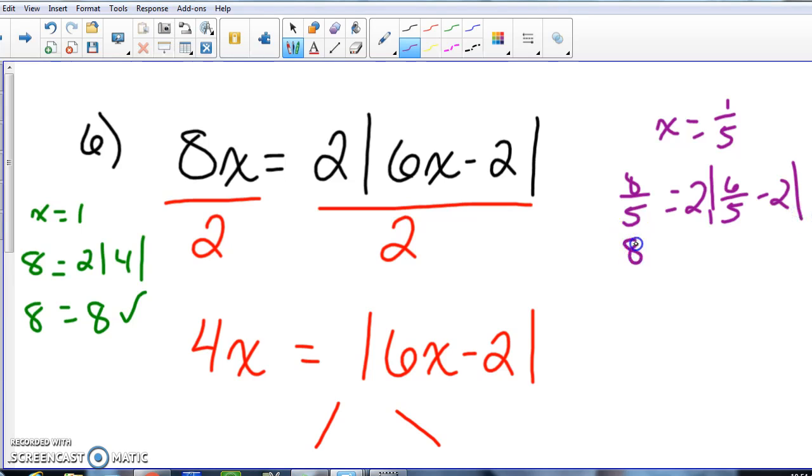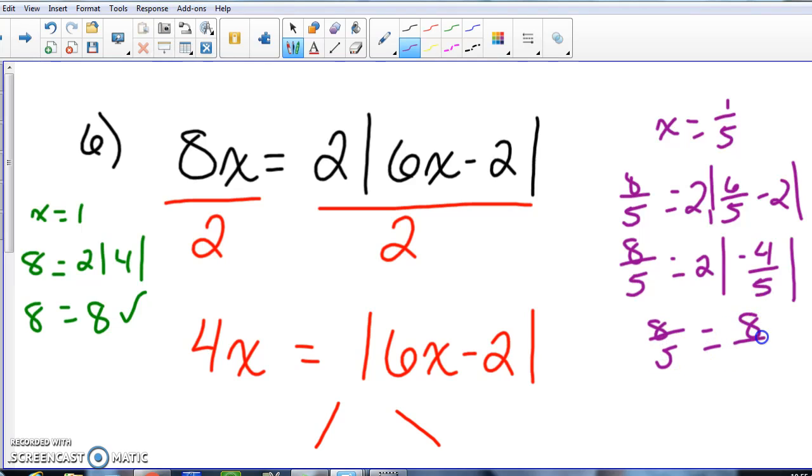Now I don't necessarily care if you work in decimals or if you work in fractions. I'm going to work in fractions. If I work in fractions, this one gives me a negative 4/5. If I take the absolute value of negative 4/5, I get a positive 4/5. And if I multiply that by 8, I actually get 8/5.